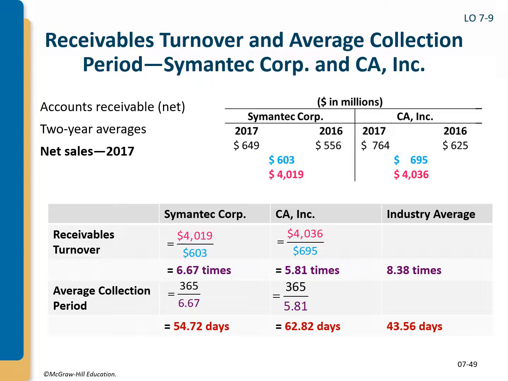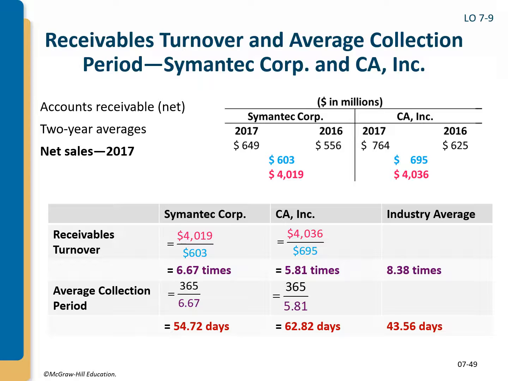So there's an example for Symantec Corporation and California Inc., CA Inc. So their receivables turnover, their net sales were 4019, and their average accounts receivables were 603. 649 plus 556 divided by 2. The numbers are off a little bit with the labeling, but that's what that represents.